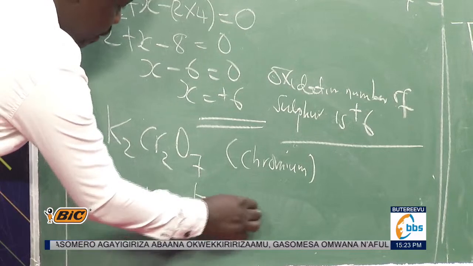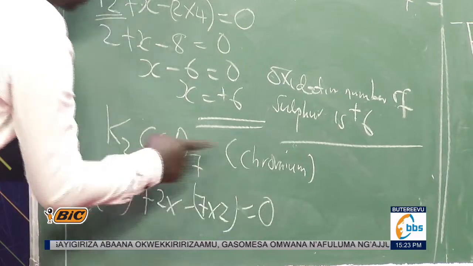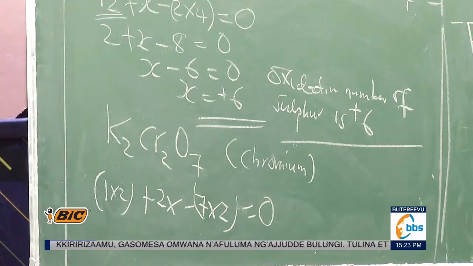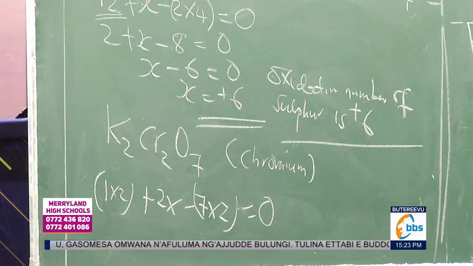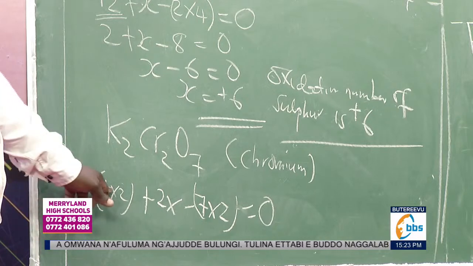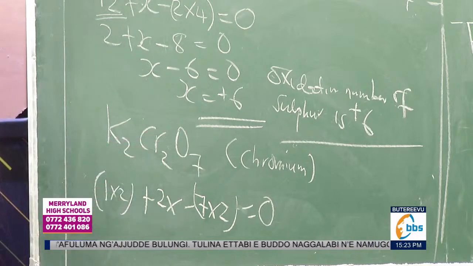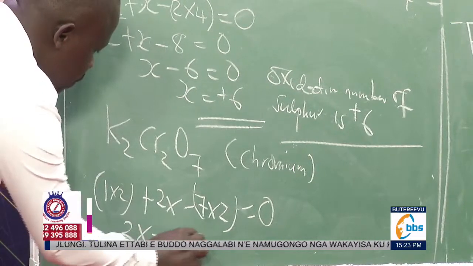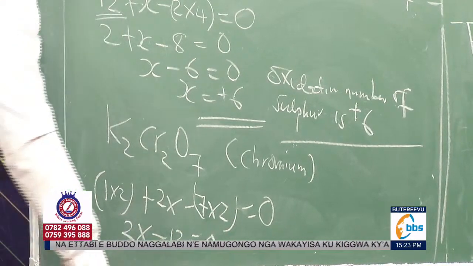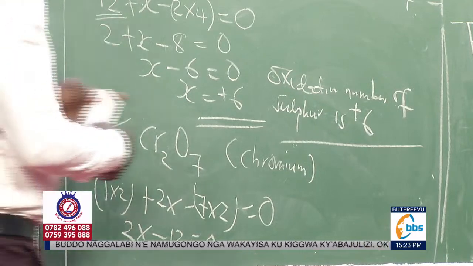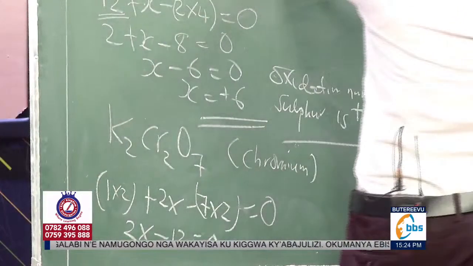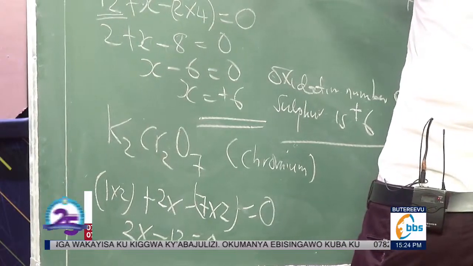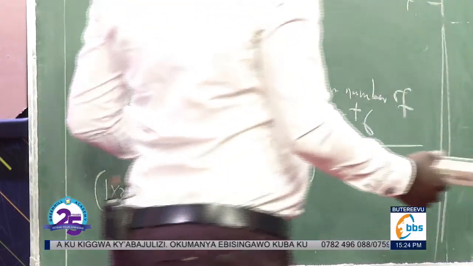Then in this case, we equate to 0 because the compound doesn't have any charge. Then you apply your mathematics. This is 2 minus 14, that's minus 12. So 2x minus 12 equals 0.